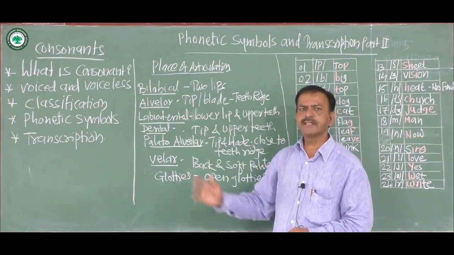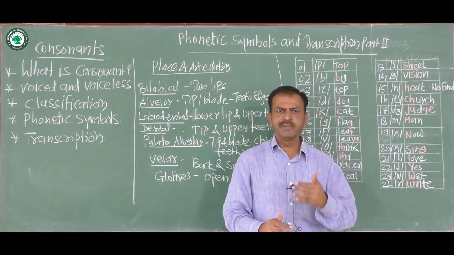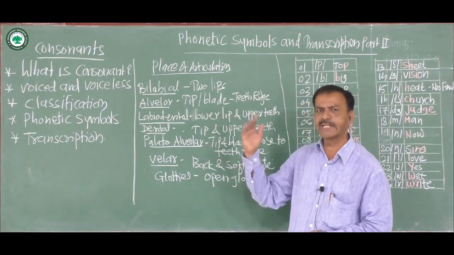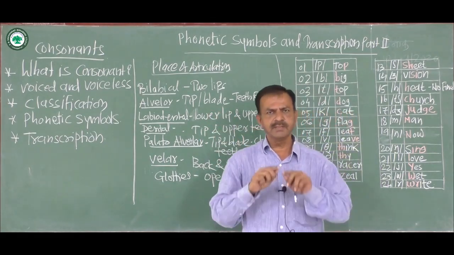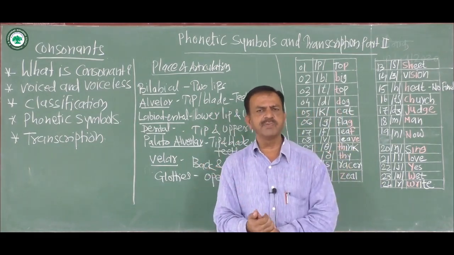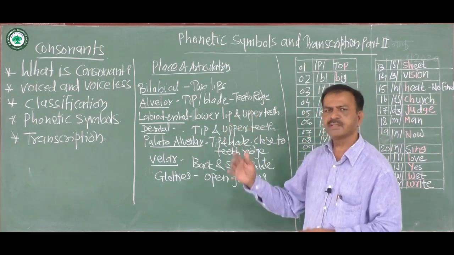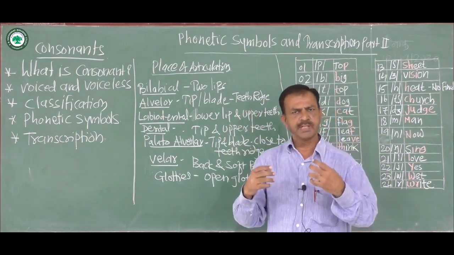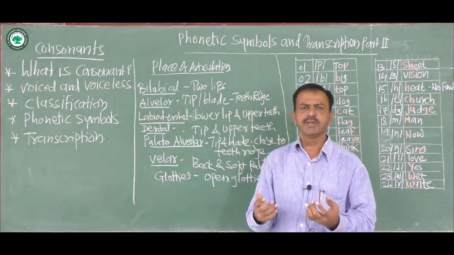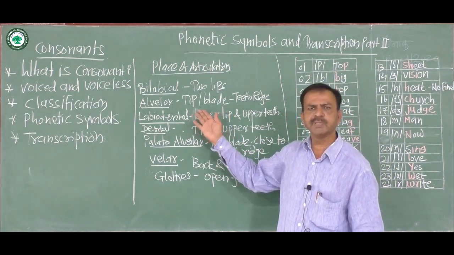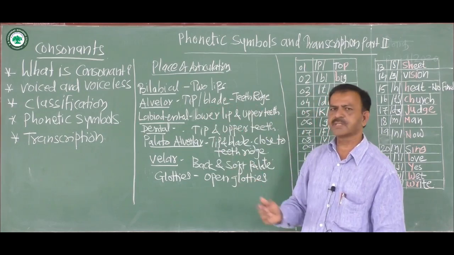The next one is alveolar. Alveolar is the sound which is produced with the tip or blade of the tongue, which I explained in the last video, against the teeth ridge. It means the sound is produced with the help of either the blade or the tip of the tongue against the teeth ridge.